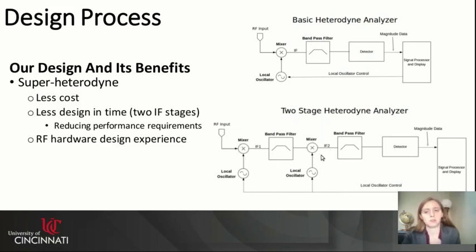The second mixer simply takes this higher frequency and converts it down to a level that can be easily handled by an inexpensive detector and ADC. Another benefit of this heterodyne analyzer is that it gives us RF hardware design experience, which is valuable to those of us who are pursuing careers in RF fields.